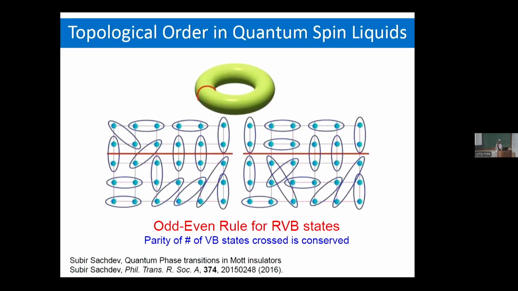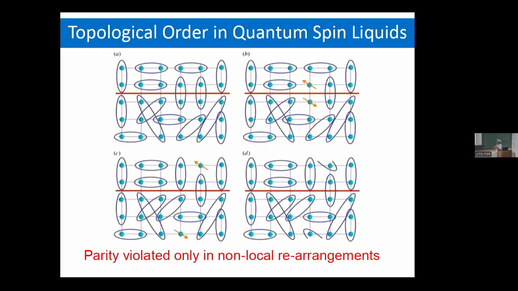So if it's even to start with, it stays even, and so on. So this is like a topological invariant, if you want. This parity can only be violated if you do some non-local rearrangements of these RVBs. You take the spins which you have broken and move them all the way across to the edges of the sample and then create a singlet out of them.